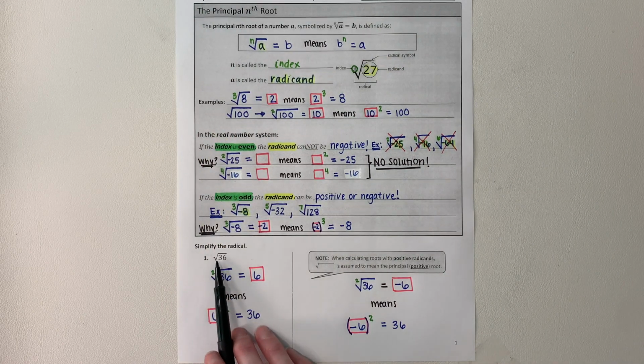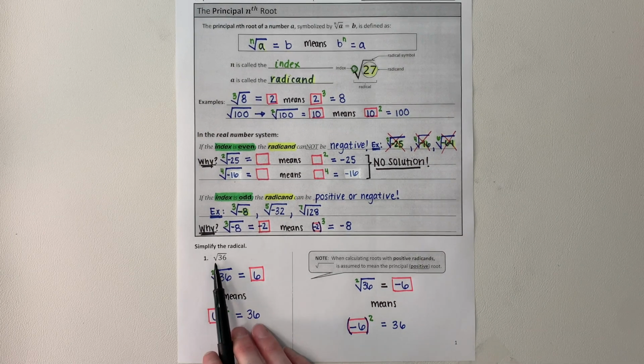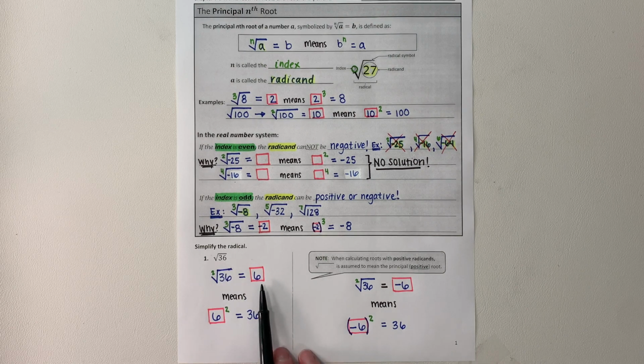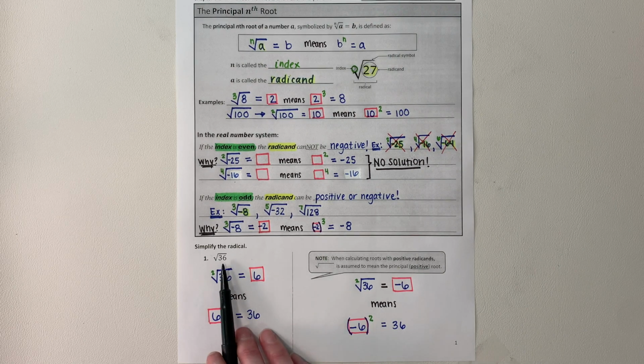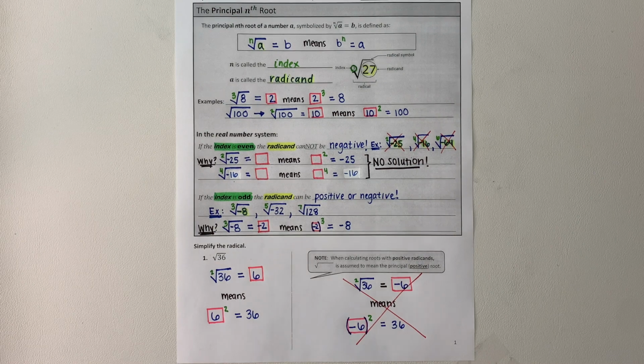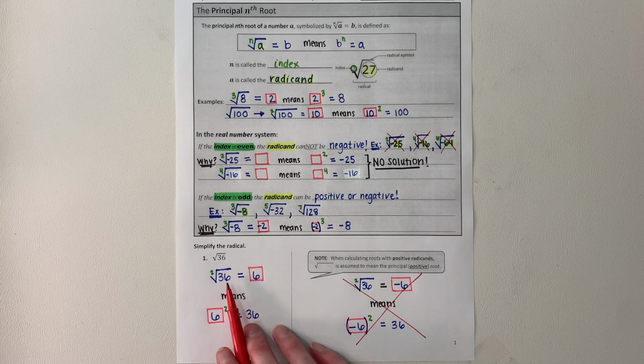So we call this the principal square root of 36. When you're calculating the principal root of a positive radicand, we always assume that we're looking for the positive answer. So if your radicand is positive, you're going to only give the positive answer. So I'm going to cross this out because mathematicians have defined the principal root of a number to always be positive when your radicand is positive.